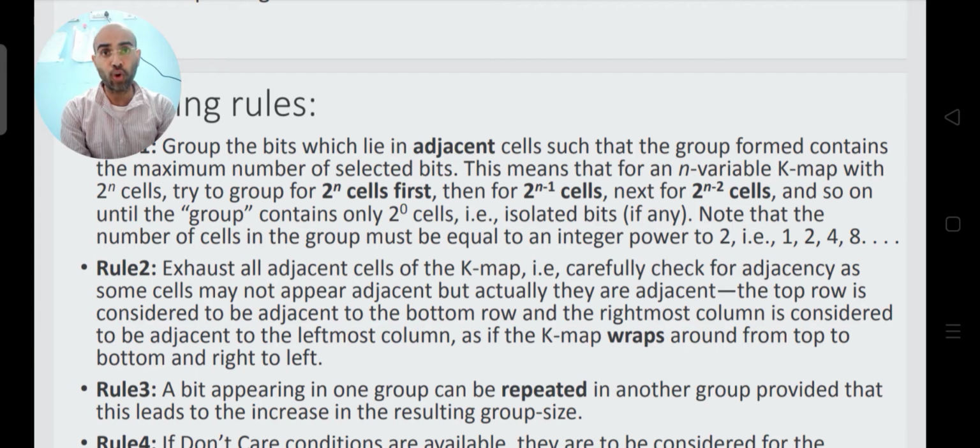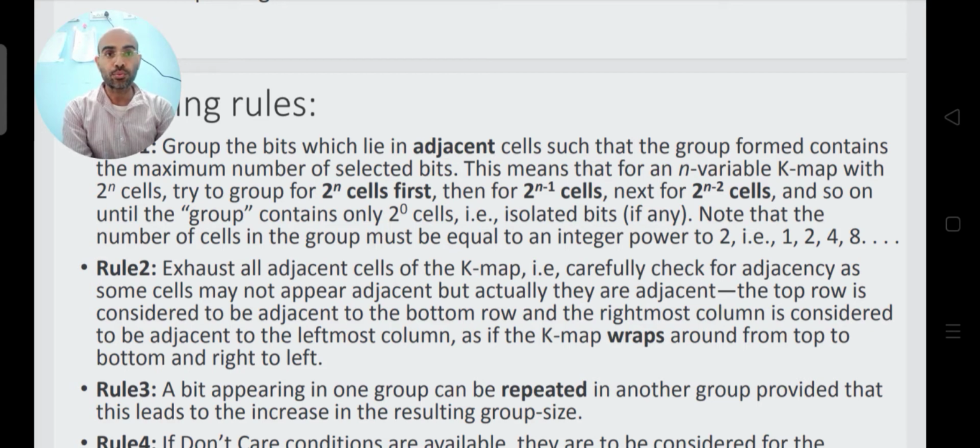Use a single cell only if you have exhausted all the groups and you are not able to form any new group. You should try to form at least a pair. If you are not even able to form a pair, then only use the single cell as a group, and corresponding to that single cell a term will come in the answer as well.